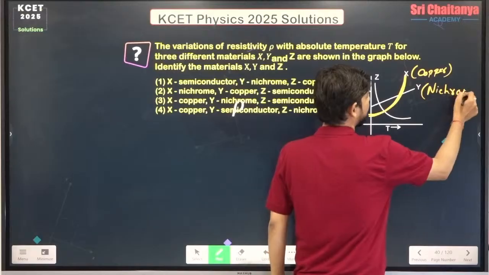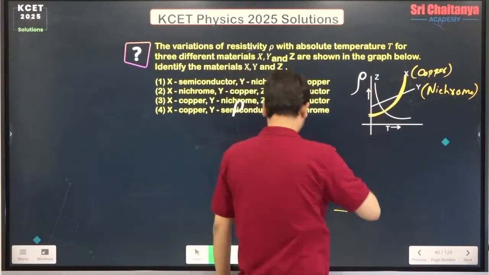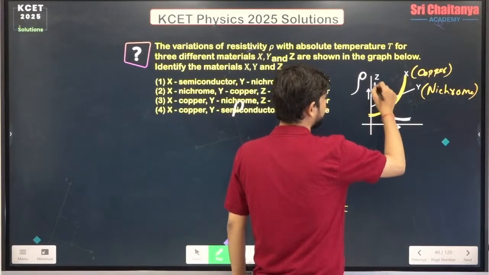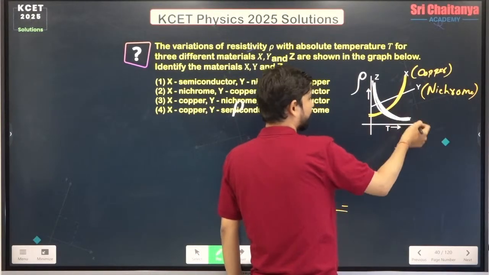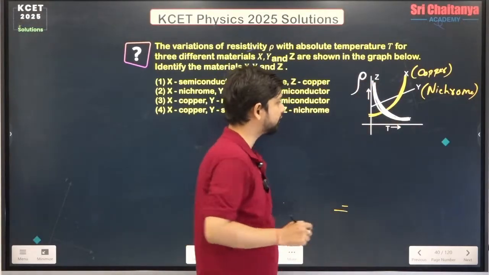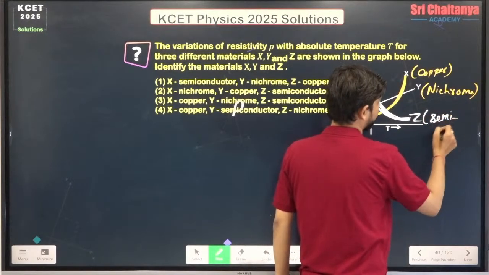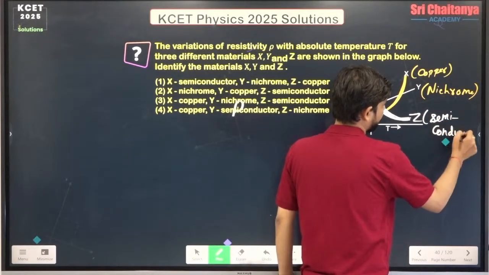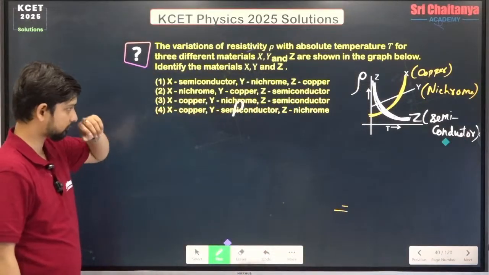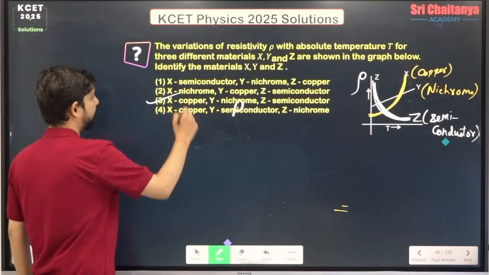For Z, the curve shows temperature dependent resistivity, and when temperature is increased the resistivity decreases, so it is observed in semiconductors only. So the correct answer is: X will be copper, Y will be nichrome, and Z will be a semiconductor. That will be the third option.